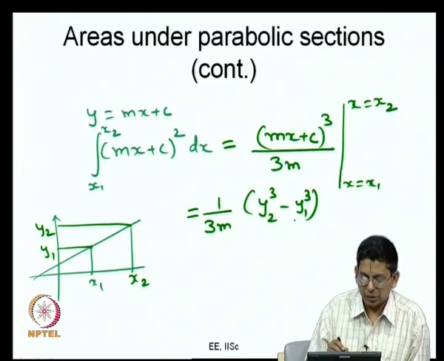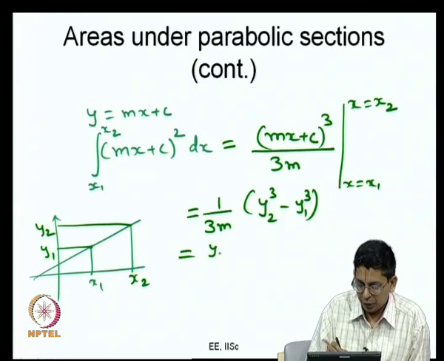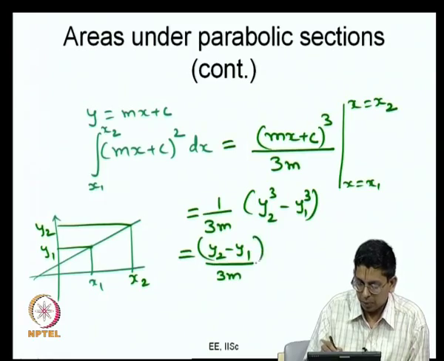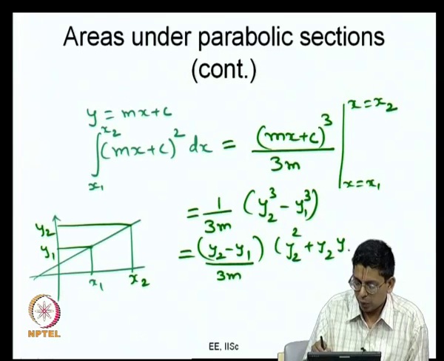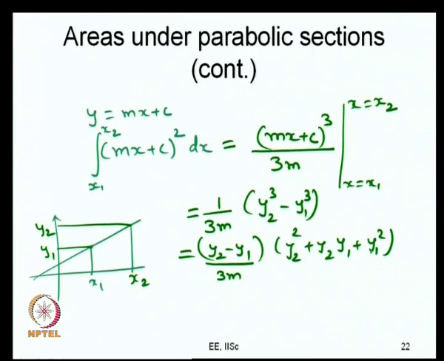So, you can write this as y2 minus y1 divided by 3m multiplied by y2 squared plus y2 y1 plus y1 squared. What is y2 minus y1? It is actually mx2 minus mx1.